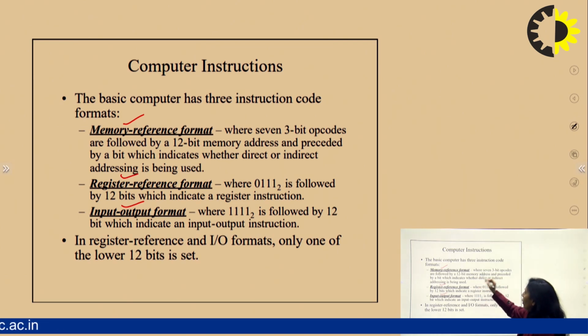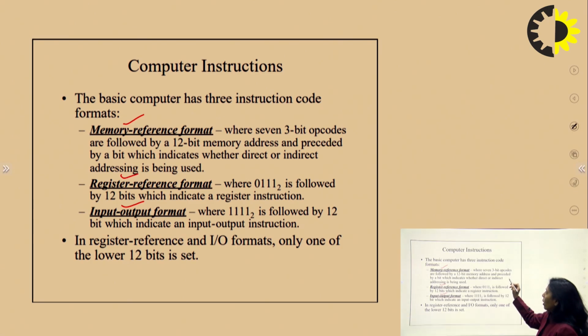Over all the instruction, we need to see what the opcode is. Depending upon the opcode, the 3-bit opcode decides whether it is of the memory reference format or of these two, the register reference or the input-output.